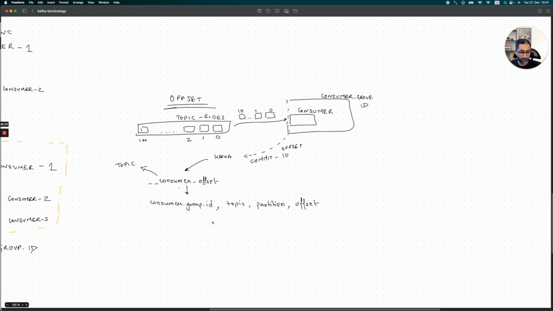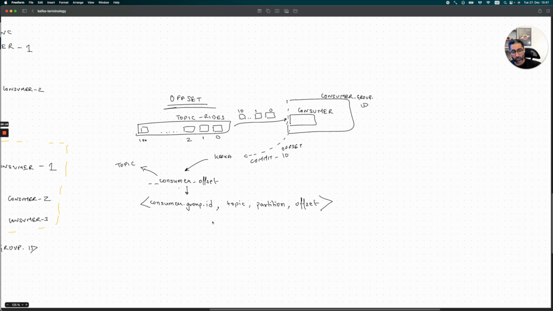So basically these four pieces of information are stored inside the message of the __consumer_offsets topic, and this kind of tells Kafka how to restart our consumer.